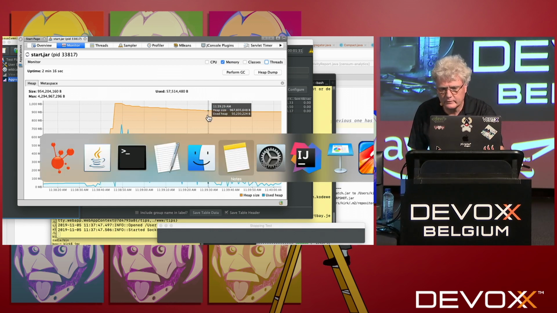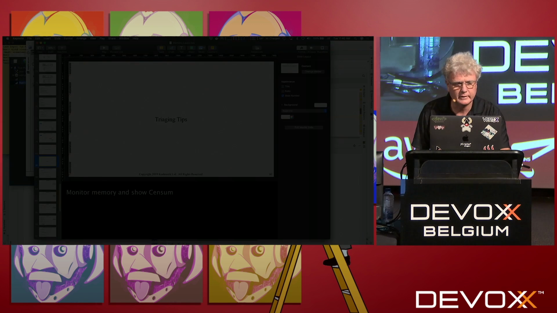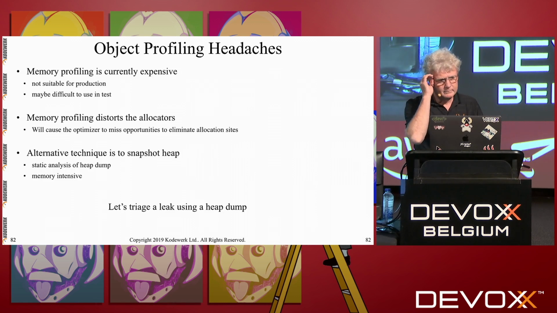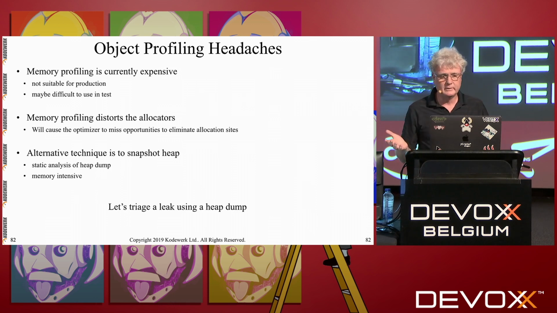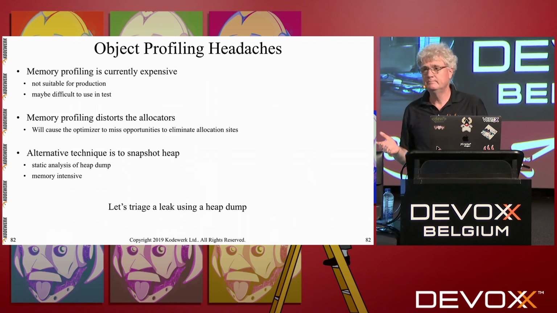Okay, let's go back to here. And let's go on to the next fun bit. Okay, so as you probably noticed, as we're profiling things, our applications slowed down considerably.